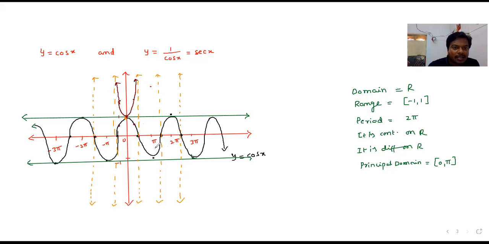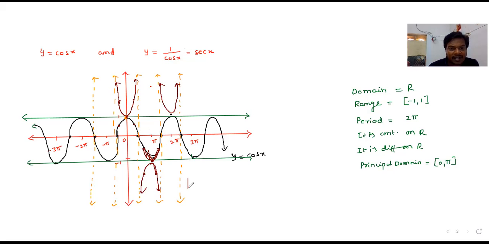Okay. In the same way, when you write minus 1, the reciprocal is again minus 1, a U-shaped graph. Next, when cos x value is minus of 1 by 2, we get minus 2. Joining all these points, we get the reciprocal graph in this way. In the same way, here we get the graph like this.